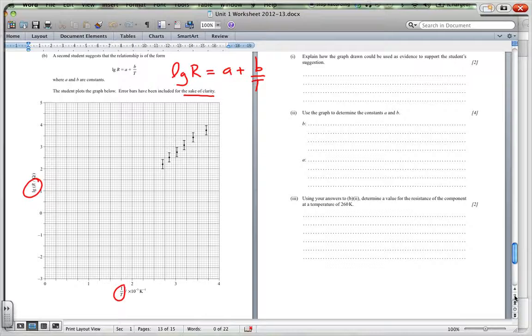So now if we look at this, we could write this in the form y is equal to mx plus c.